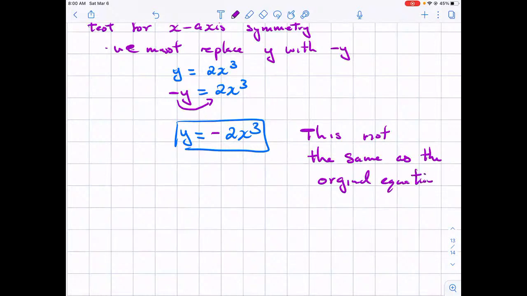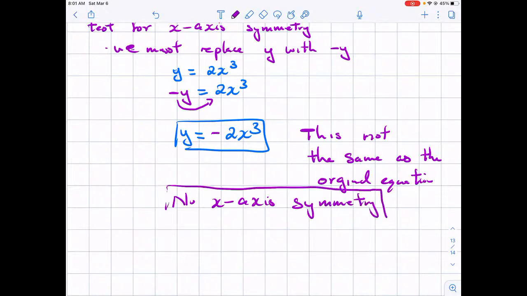Therefore, we have no x-axis symmetry. For symmetry to exist, we must get exactly the same.